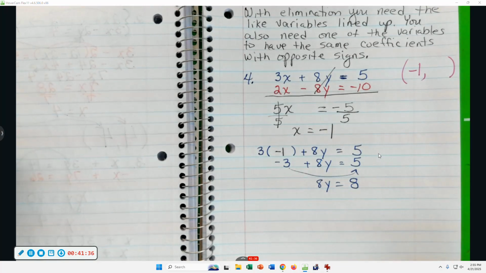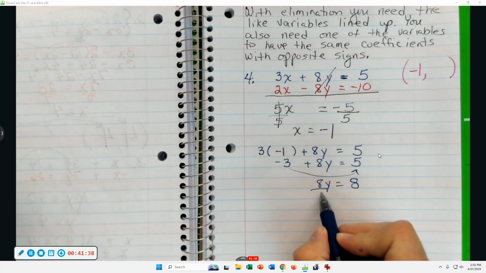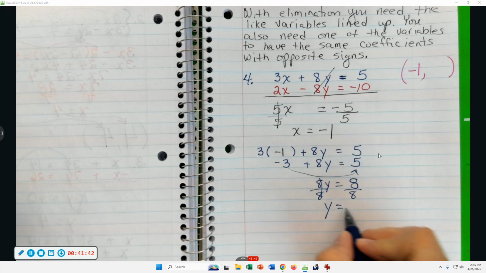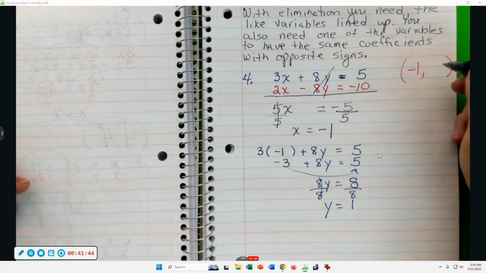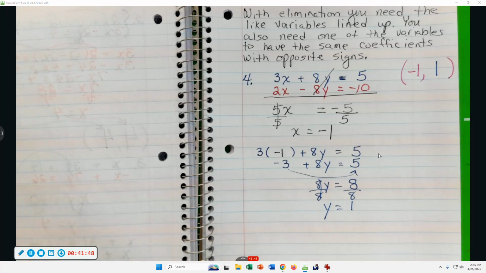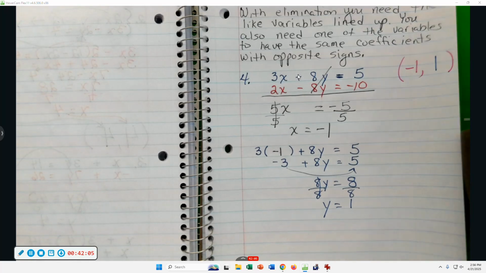And then divide by 8 to give us y equals 1, okay. So if you drew those lines, they would intersect at the ordered pair -1, comma, +1. That's what we mean by the same coefficient but opposite sign.